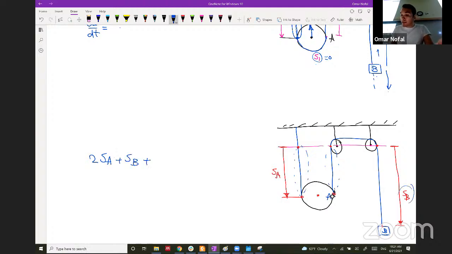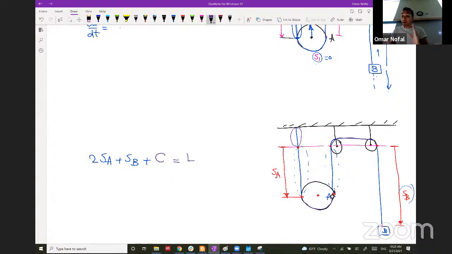And the other lengths, including this part and this part, the part that is around here, and all these, we will call them constant. And this will be equal to the length of the rod.